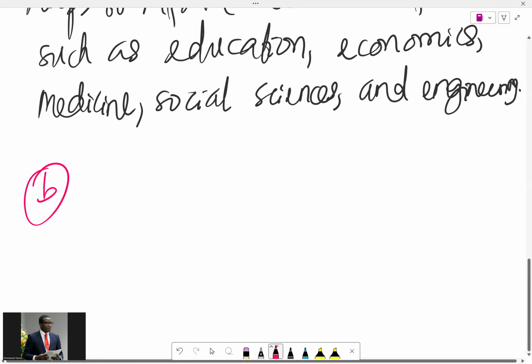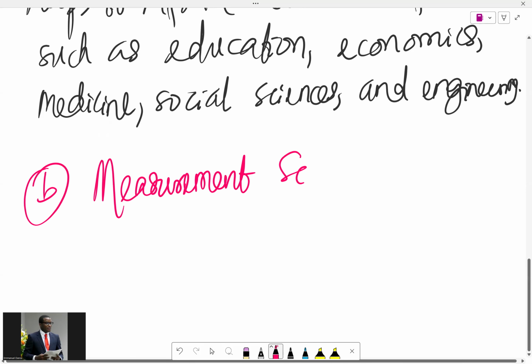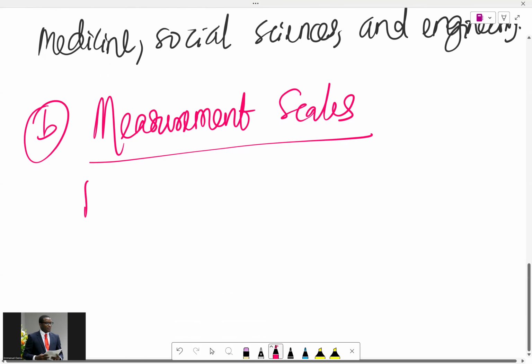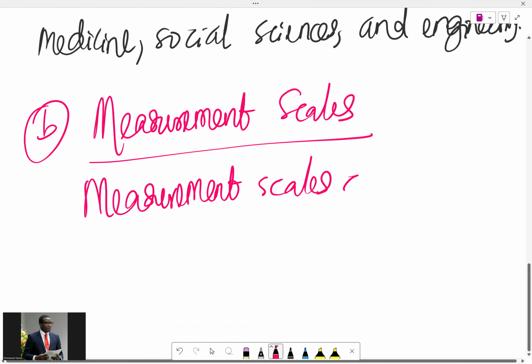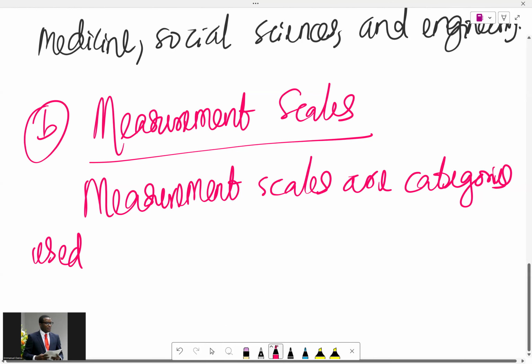First of all, we start with measurement scales. Measurement scales are categories used to classify and measure data.